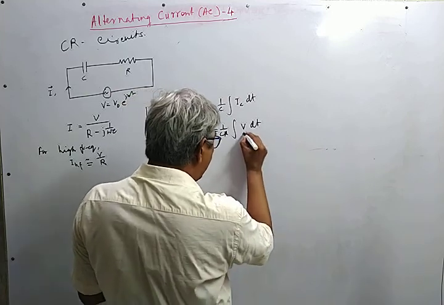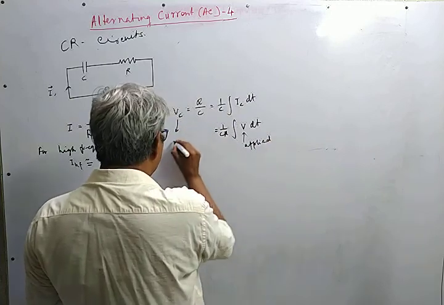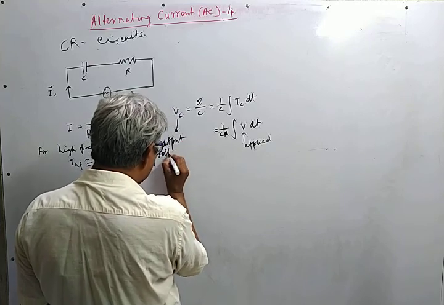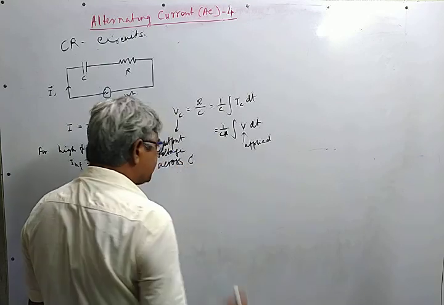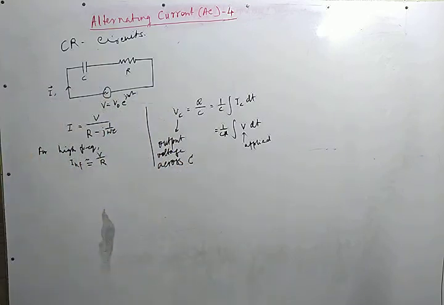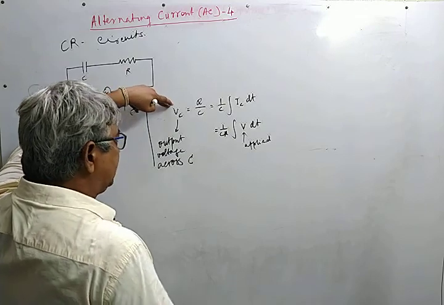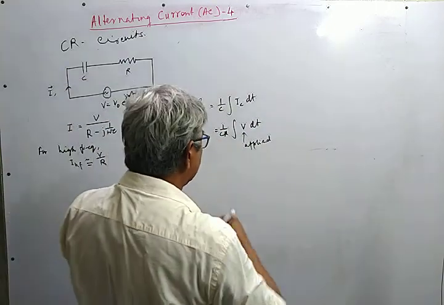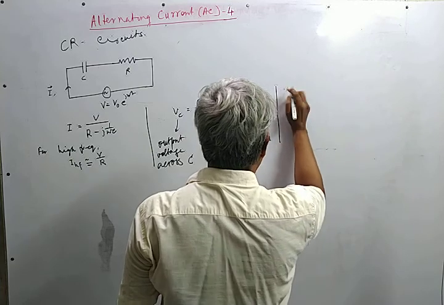This is the applied or input voltage, and this is the output voltage across the capacitor C. So this circuit shows that the output voltage is an integration of the input voltage. So in the high frequency range this circuit behaves as a voltage integrator.